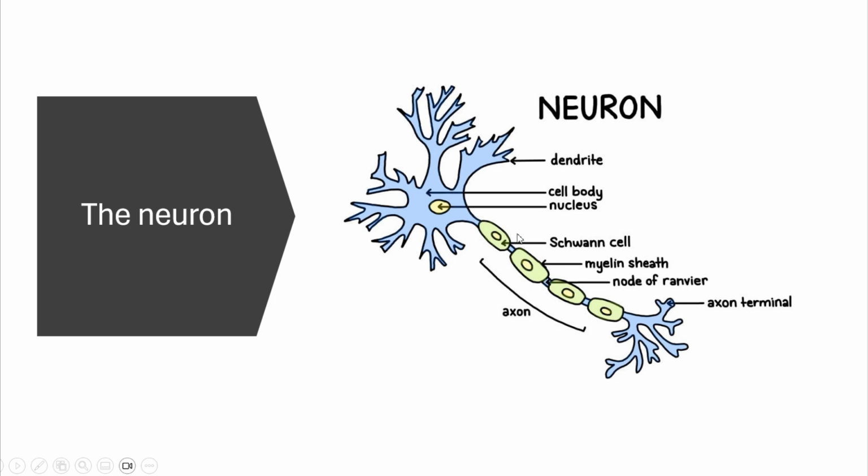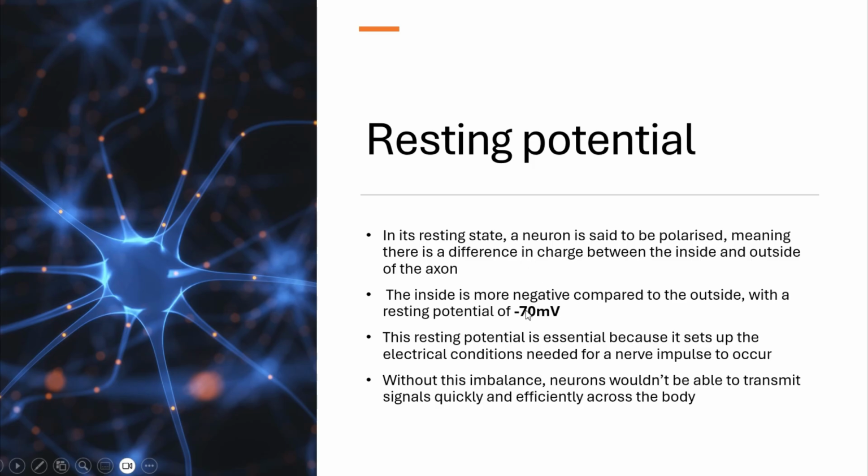How much more negative? It's negative 70, yeah? So you need to memorize that, negative 70 millivolts. This is called the resting potential, and it's essential because it sets up the electrical conditions needed for a nerve impulse to occur. Without this imbalance, neurons wouldn't be able to transmit signals quickly and efficiently across the body. Alright, cool. So that's the resting potential.